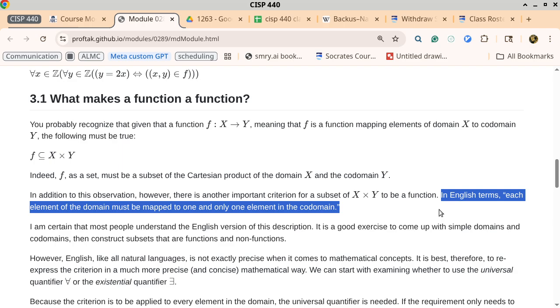One is not in set Y. That is correct. What is false applies to one as a value in X. It does not map to one and only one value in Y, because it maps to two values in Y. Two is not one and only one.